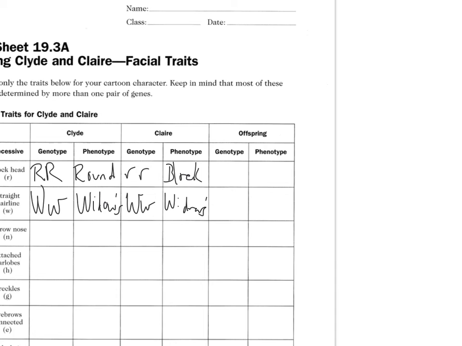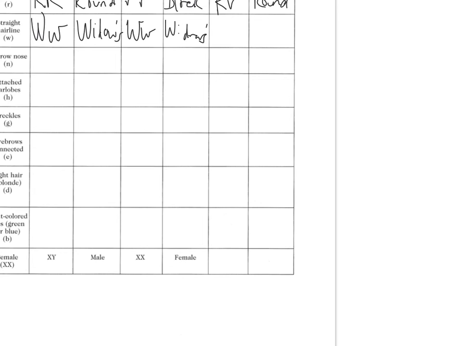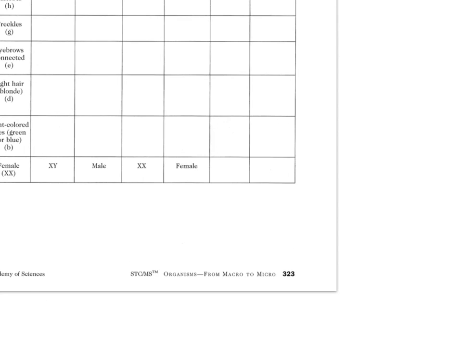What I'm going to do is pull from the Punnett squares that I just created, and we had a heterozygous round from the first Punnett square. And I'm going to assume that I work through this same thing all the way down until I get to the bottom here, and it turns out that we had a female offspring. Okay, so we're going to have a daughter for Clyde and Claire.